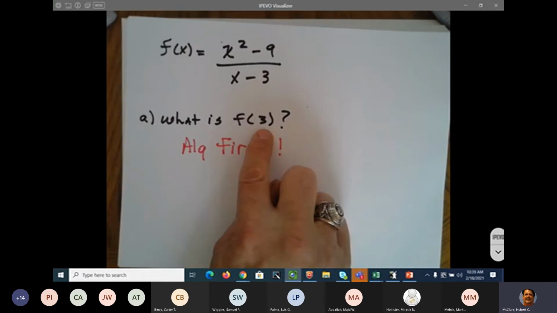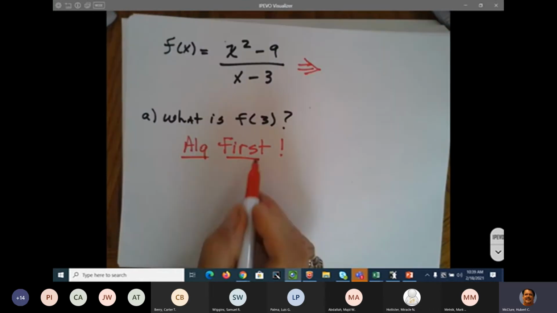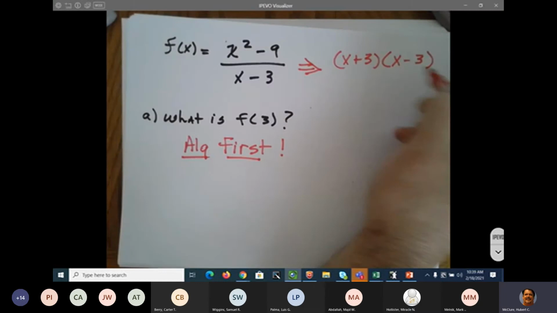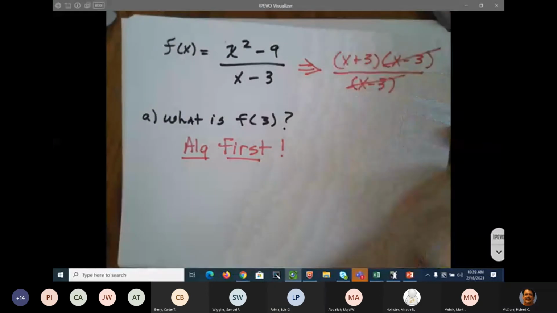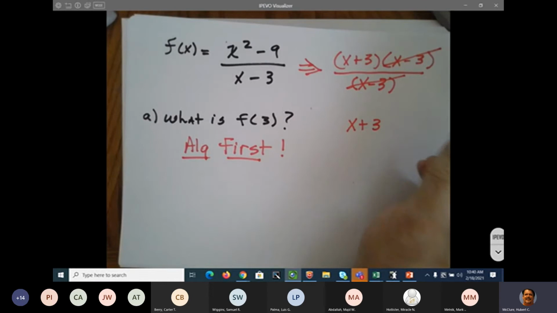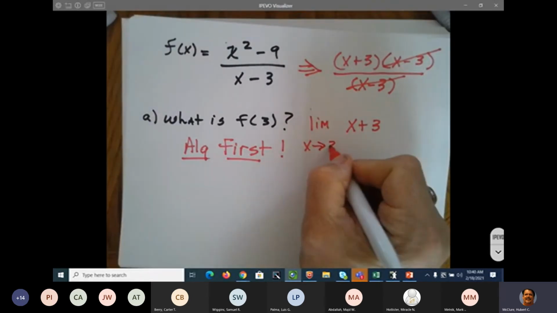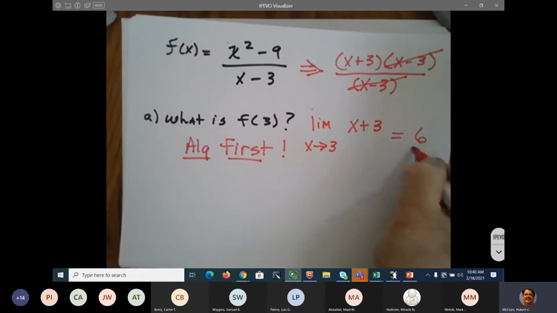Shortcut number 3 right here gives you, I'm going to do the algebra in red: x plus 3 times x minus 3 over x minus 3. And what happens? It cancels, and you're left with x plus 3. And now you plug in: the limit as x approaches 3 is 6, as Mr. Berry said.